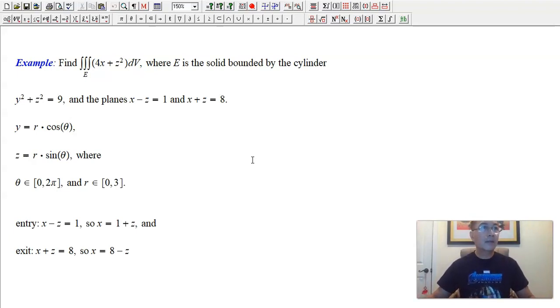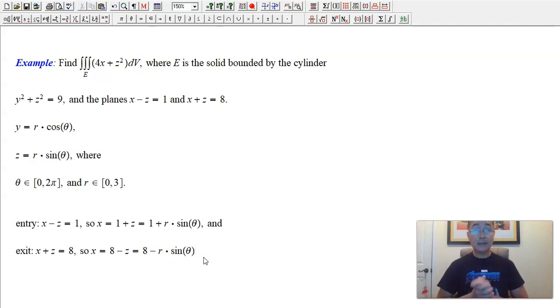Excellent. All right. So we have to use these conversion formulas in our entry and exit surfaces. So that would be 1 plus r times sine theta, and then 8 minus z, so that is going to be 8 minus r sine theta.